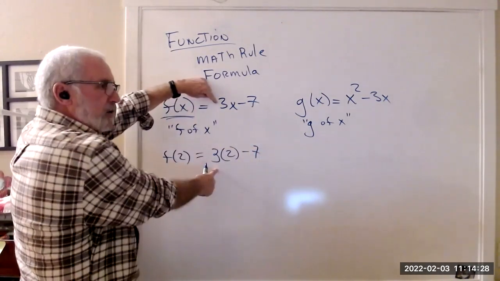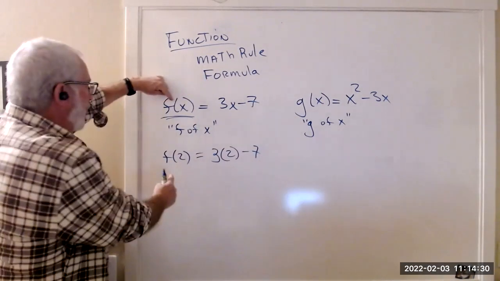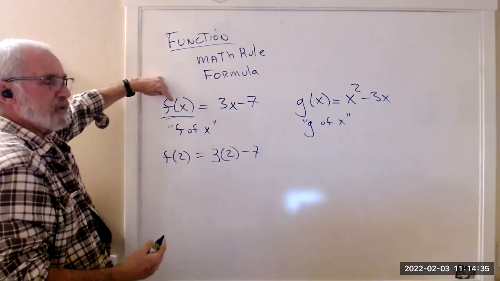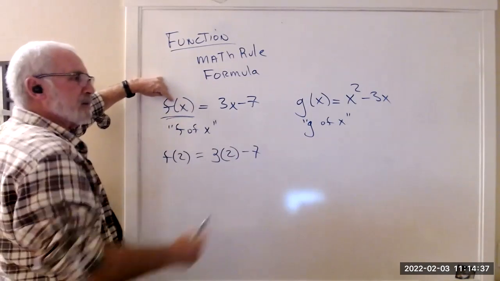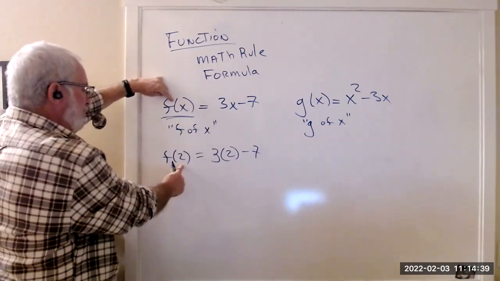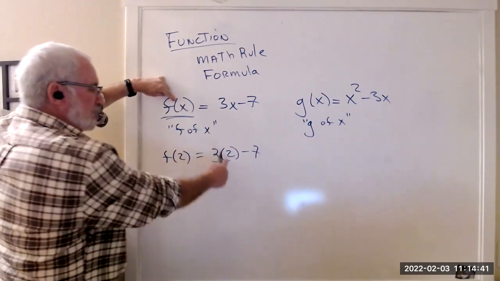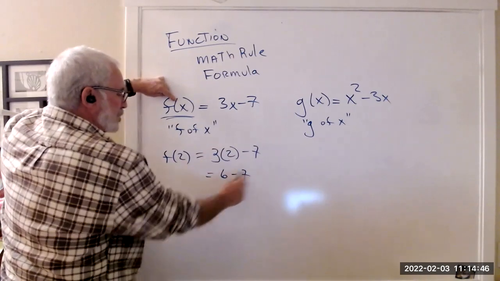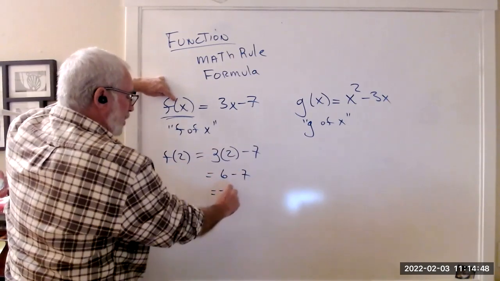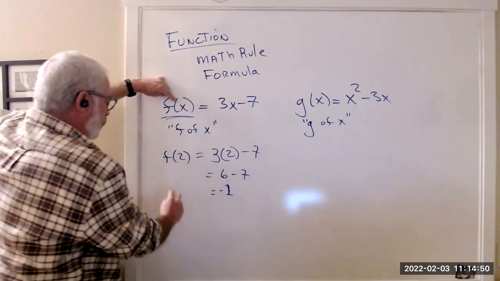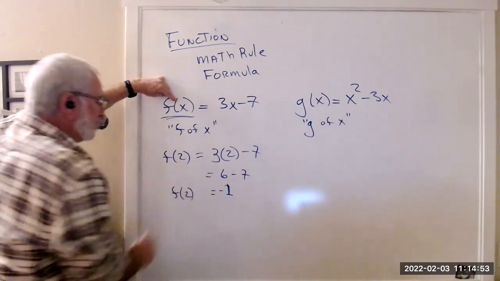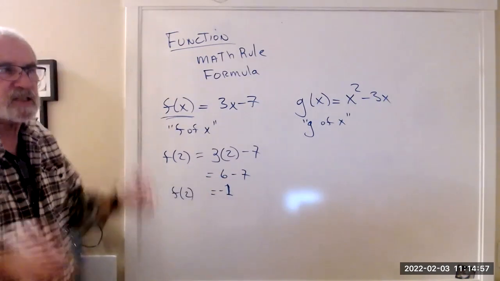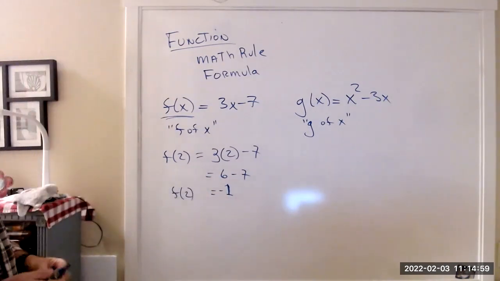X, remember, is a variable. It can stand for anything. So this time I want to put 2 in place of X. You do your work. 6 take away 7 is -1. So we would say F of 2, according to this rule, is worth -1. That's it. It's just a way to do arithmetic.